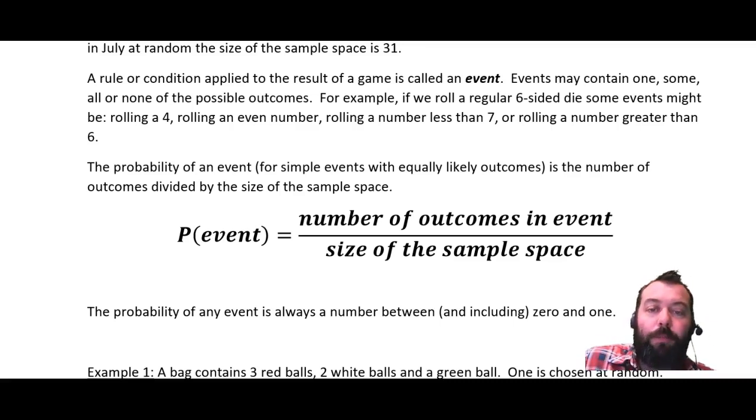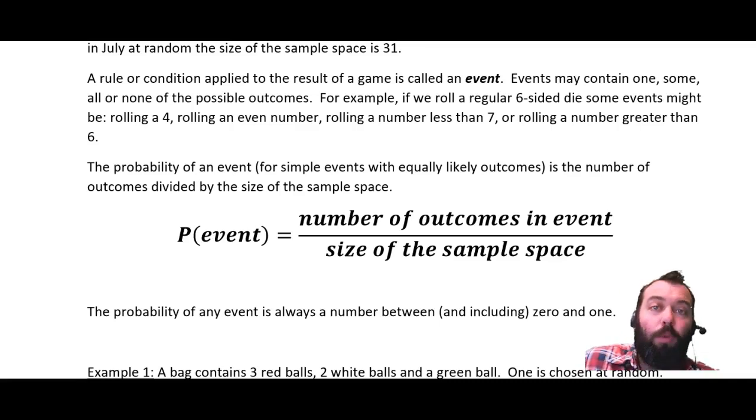Righto. Now, the probability of some event, we've got a little formula here, is the number of outcomes in that event divided by the size of the sample space. If you think about that, the size of the sample space is all of the outcomes. So the number of outcomes in that event can't be more than the size of the sample space. It could certainly be less. And that means my probability can't be more than 1.